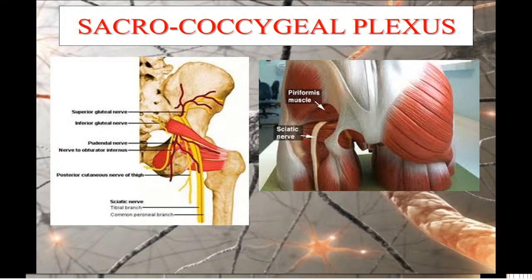Then branches of the sciatic nerve continue to the region of the foot, where they supply completely all the muscles of the foot and skin of the foot also practically completely, just except the medial border of the foot, which is supplied by the saphenous nerve.